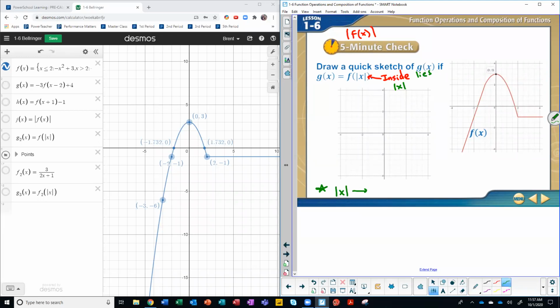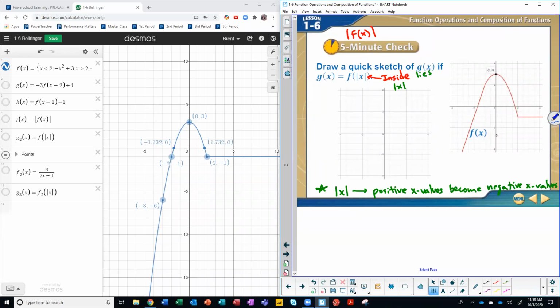I'll just write it out, positive x values, and it's going to turn them negative. Now, why does it do that? Because inside always lies. As I said earlier, your x's lie to you. That's why you dump them.